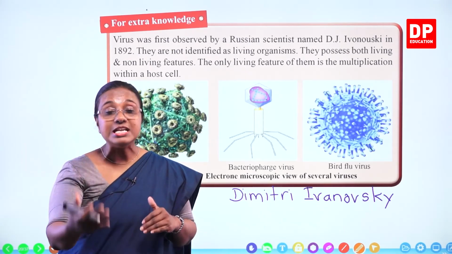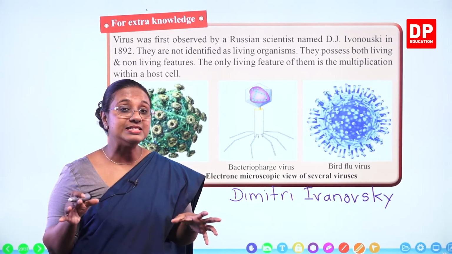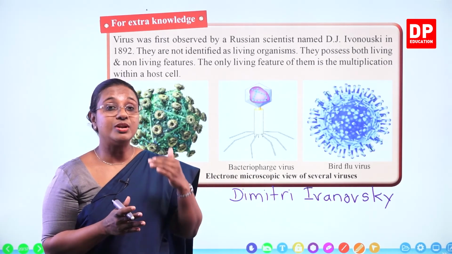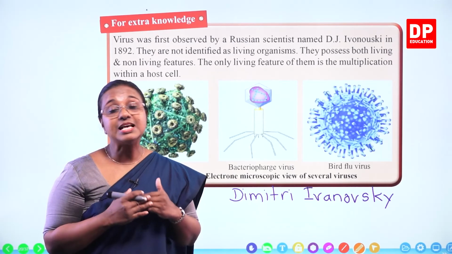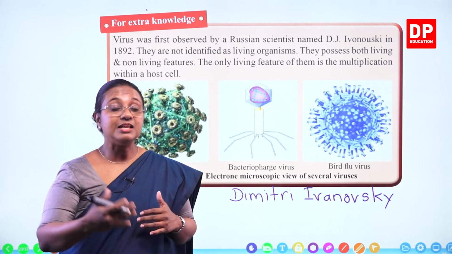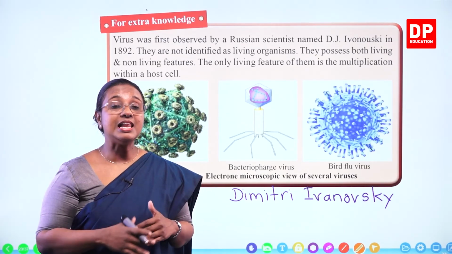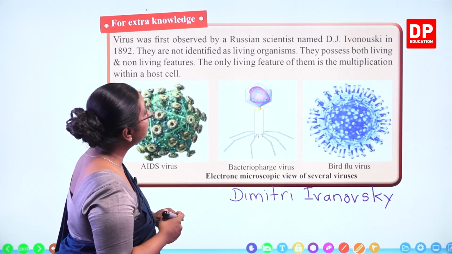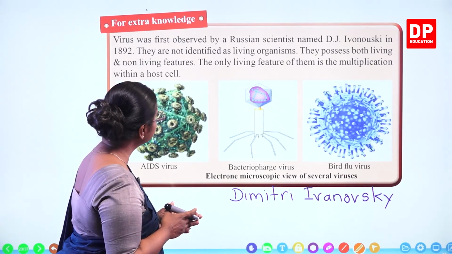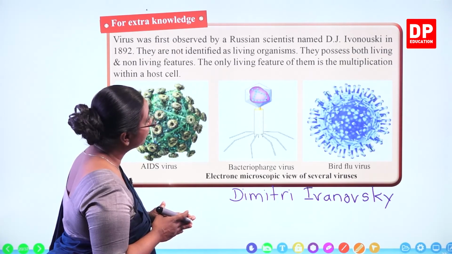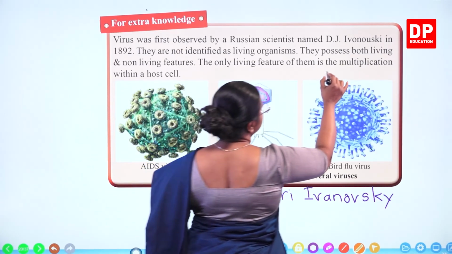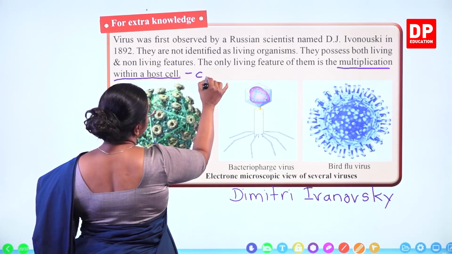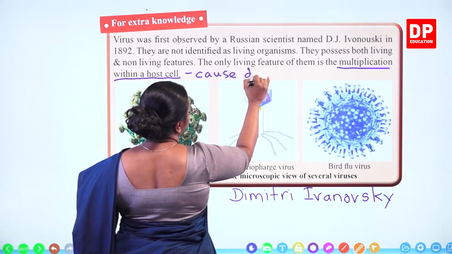They show non-living characteristics because they exist as crystalline structures outside of host cells or living cells. But inside the living cell, they become active, they multiply inside the living cell, and they cause diseases to the host. So they possess both living and non-living features. The only living feature of them is the multiplication within the host cell. While they multiply, they also cause diseases.